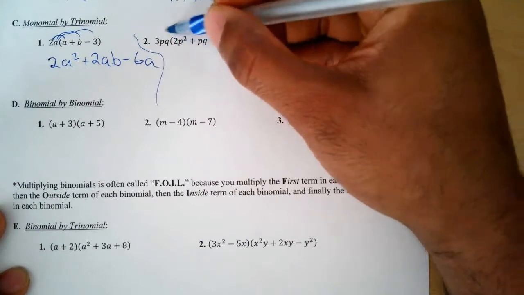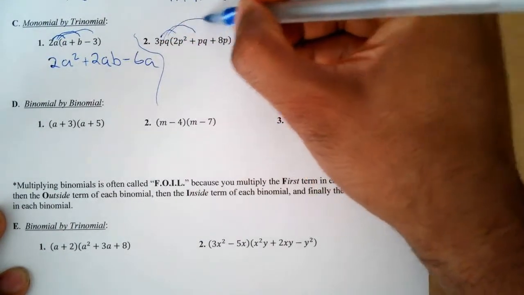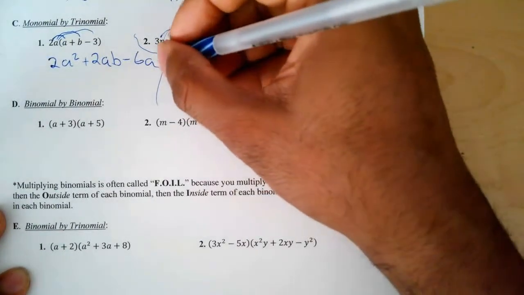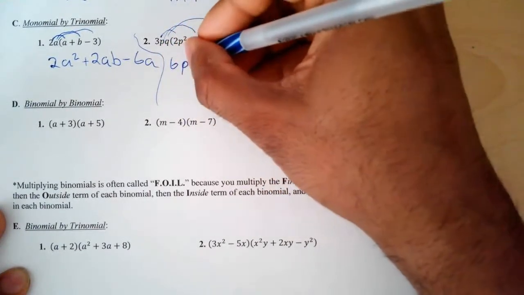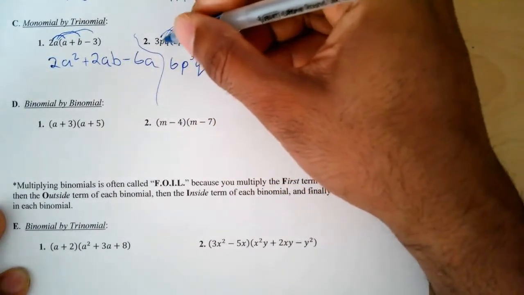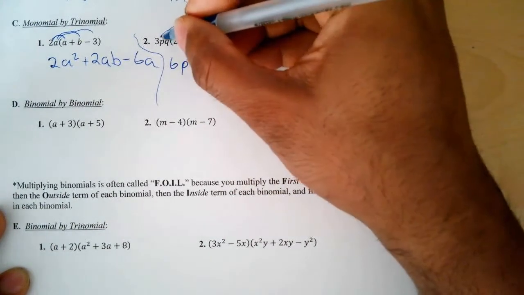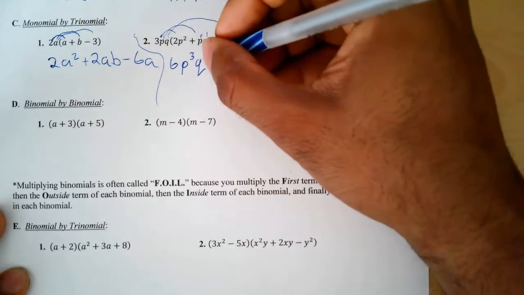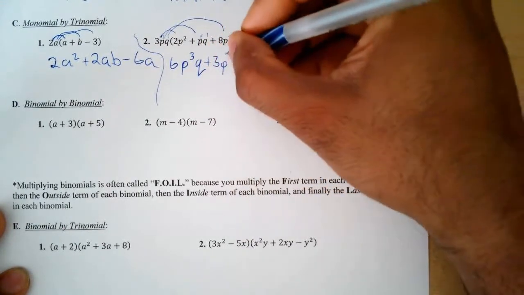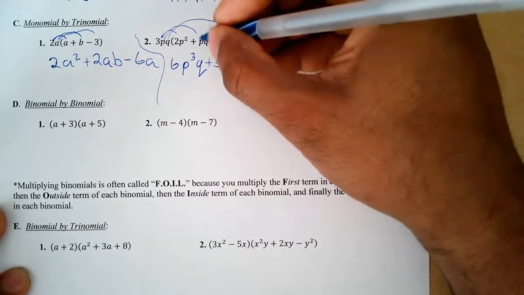3pq times 2pq, again, we're just multiplying it into each one of the terms, will give us 6p cubed q, and then 3pq times pq, so you're just adding, the p and q have 1s on them, so plus 3p squared q squared, right?